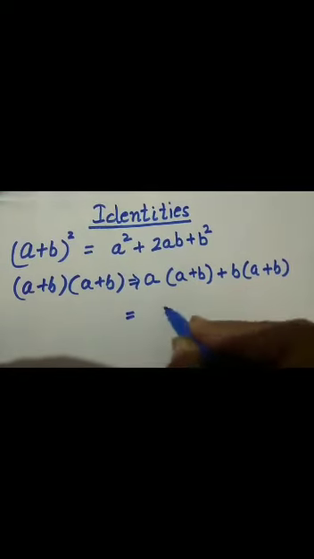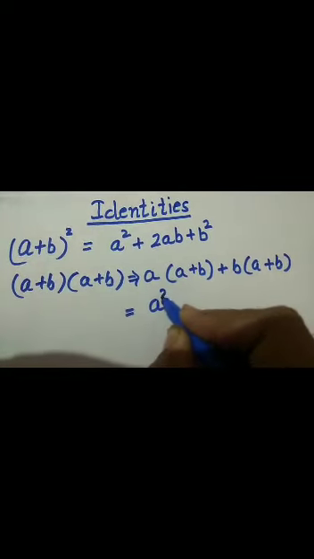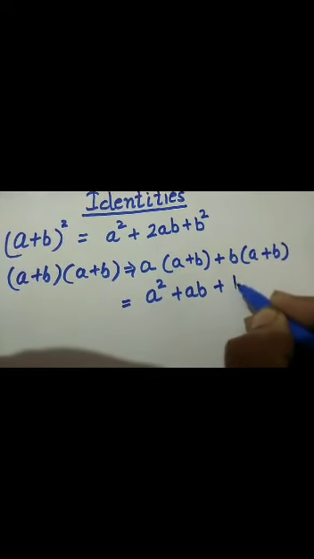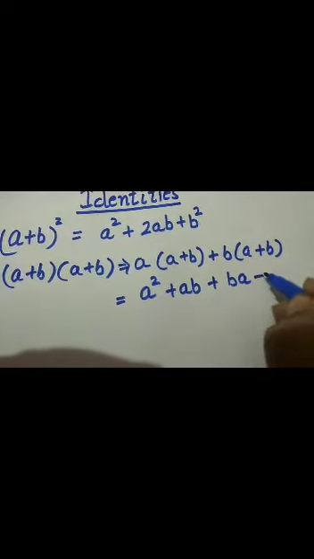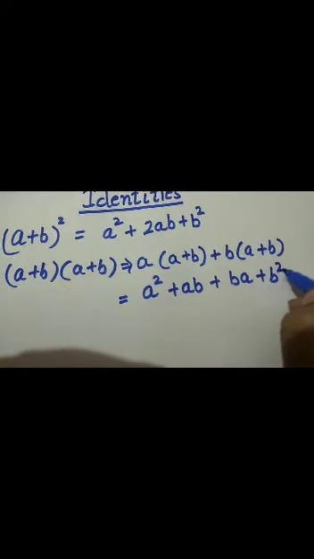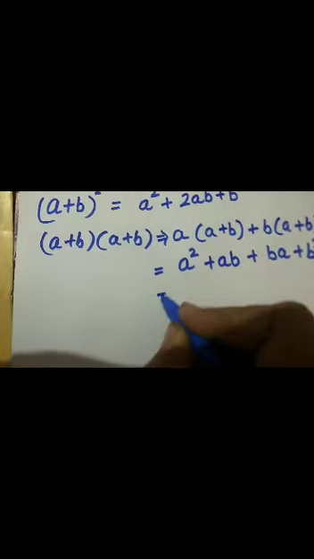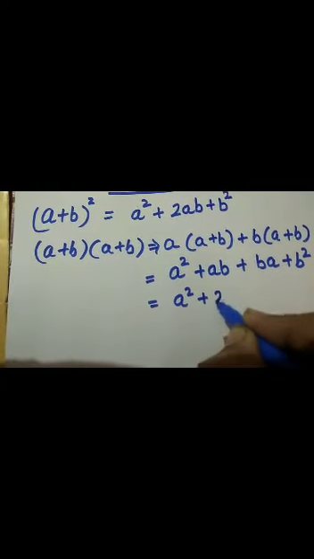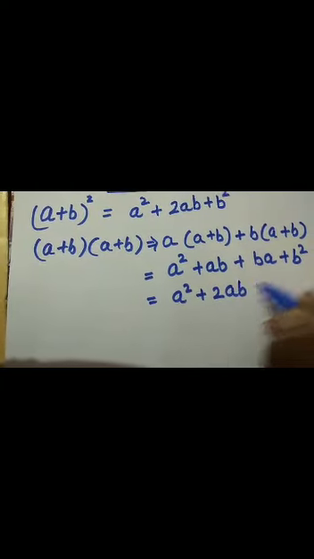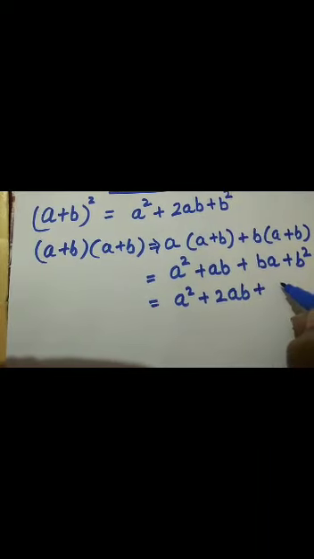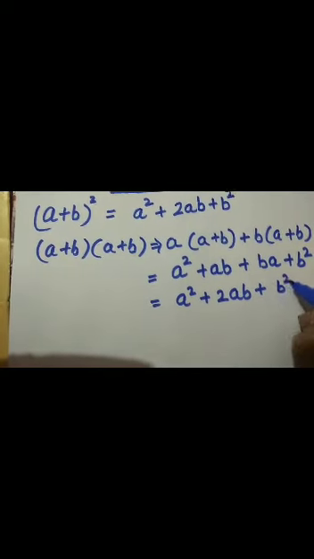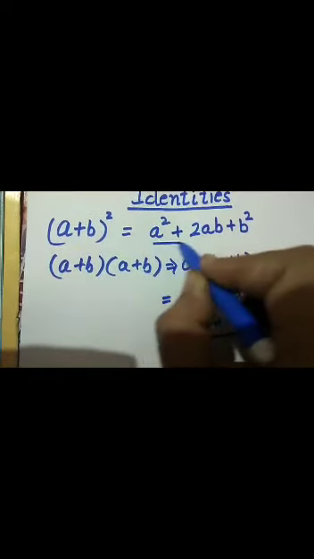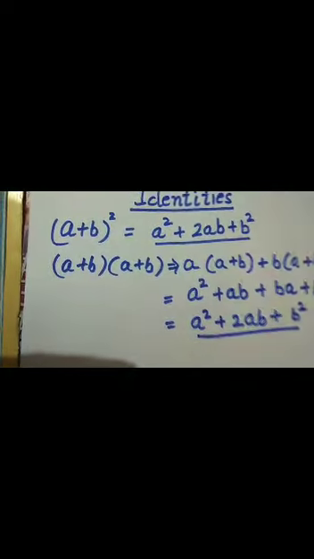Now what will it be? a square plus ab plus ba plus b square. So our solution will be a square plus 2ab plus b square. The result is the same as I wrote in the beginning.